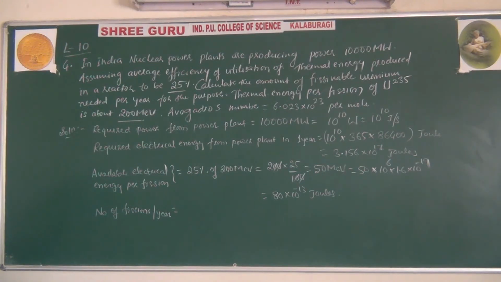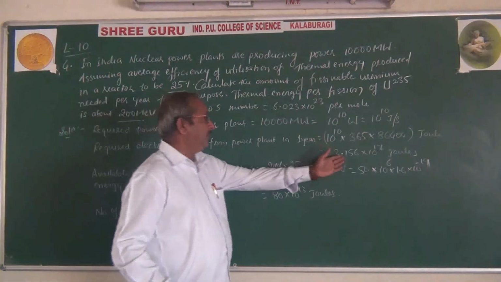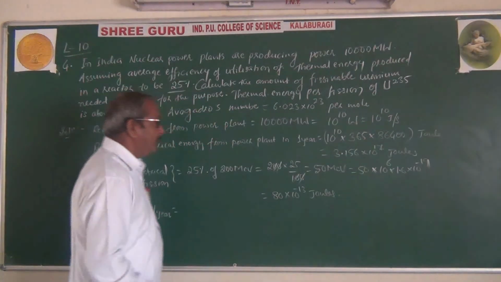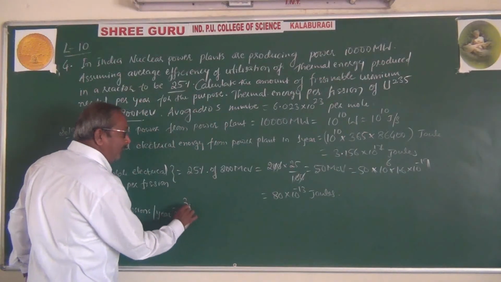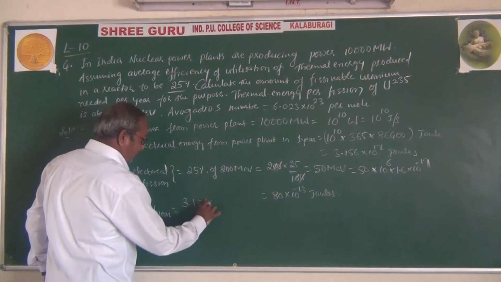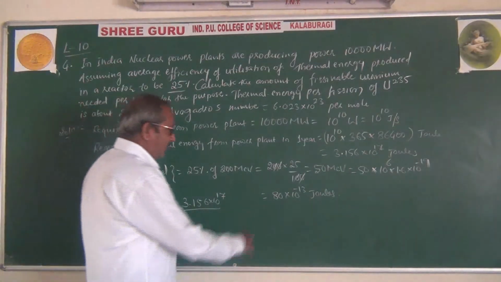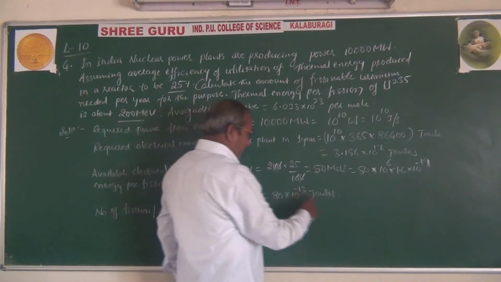How much energy is needed per year? 3.156 into 10 raised to 17, the total energy, divided by per fission what energy we are getting, 80 into 10 raised to minus 13.